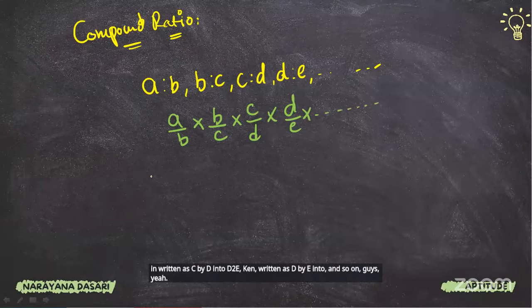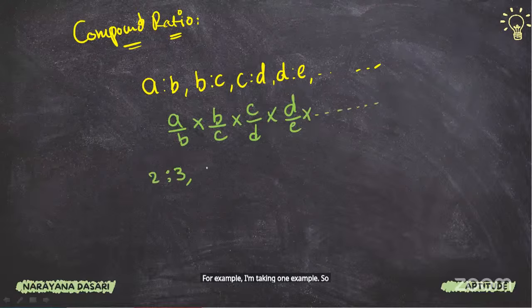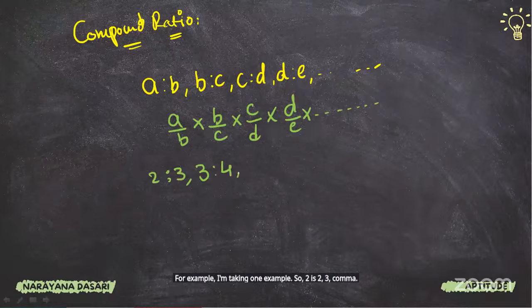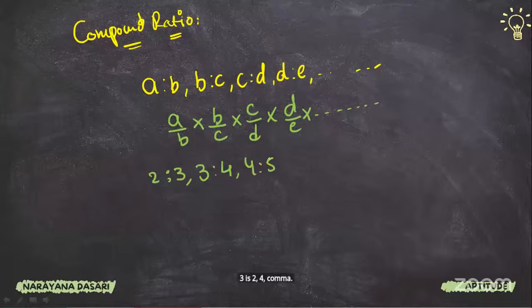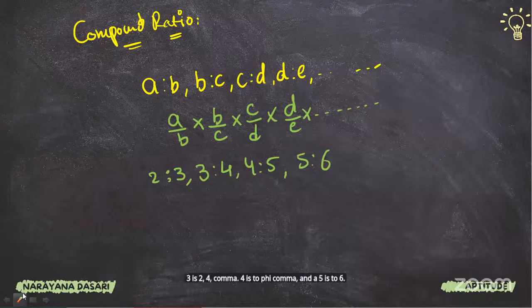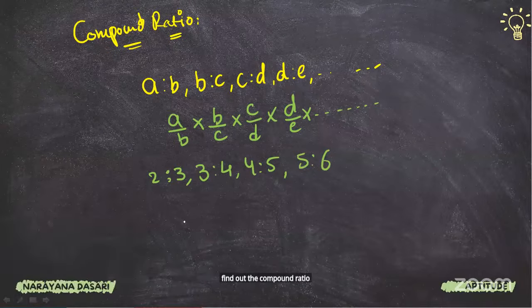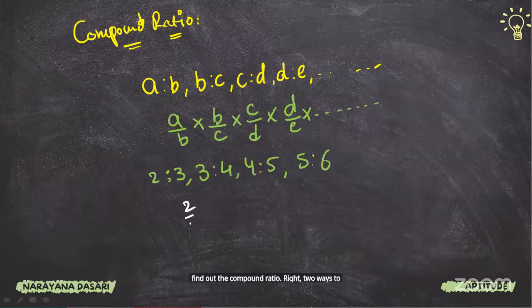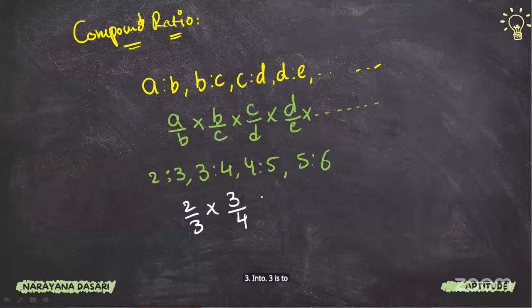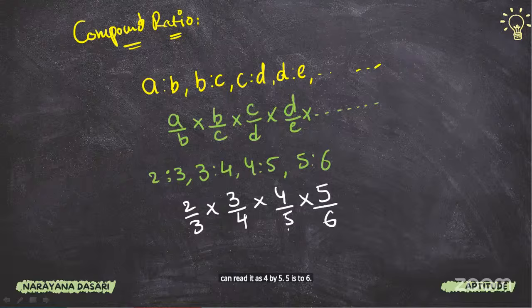For example, I'm taking one example. So 2 is to 3, 3 is to 4, 4 is to 5, and 5 is to 6. Find out the compound ratio. All right. 2 is to 3 can be written as 2 by 3 into 3 is to 4 can be written as 3 by 4. 4 is to 5 can be written as 4 by 5. 5 is to 6 can be written as 5 by 6.